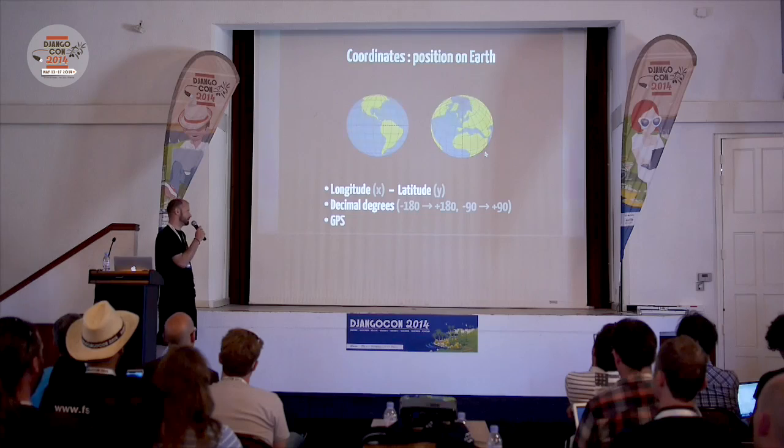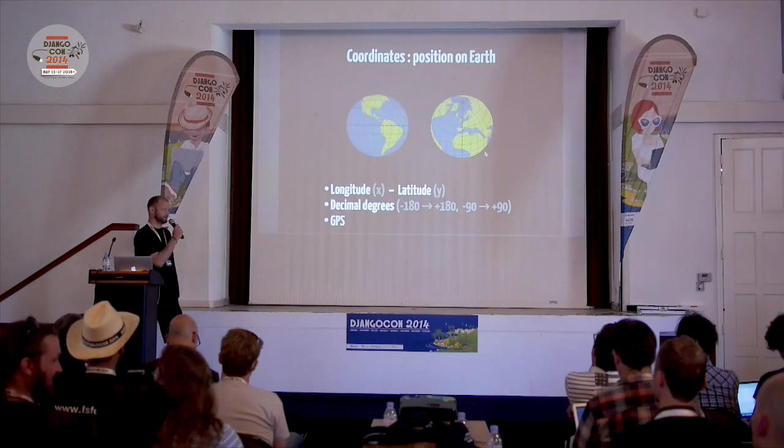The units usually used are decimal degrees, so the whole loop around the Earth is divided in 360 fractions, and the sub-fractions are floating numbers. So it's very simple. From west to east, it goes from minus 180 to 180 east, and from south to north, from minus 90 to plus 90. You all know that because you all have GPS, and you're used to seeing those numbers and those positions.